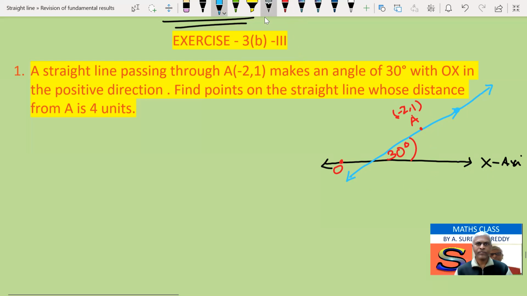Suppose a point, let us name it as a point P, which is at a distance of 4 units from A. So upward and left side also, let us take a point Q, which is also at a distance of 4. So we have 2 points at a distance of 4 from the given point A.